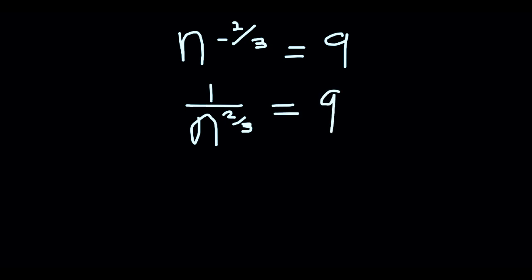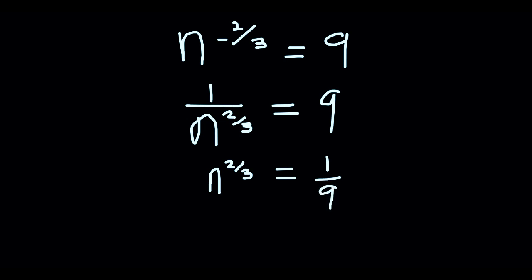From here, as usual, we take the inverse of both sides, then this becomes n power of 2 over 3 equals 1 over 9.